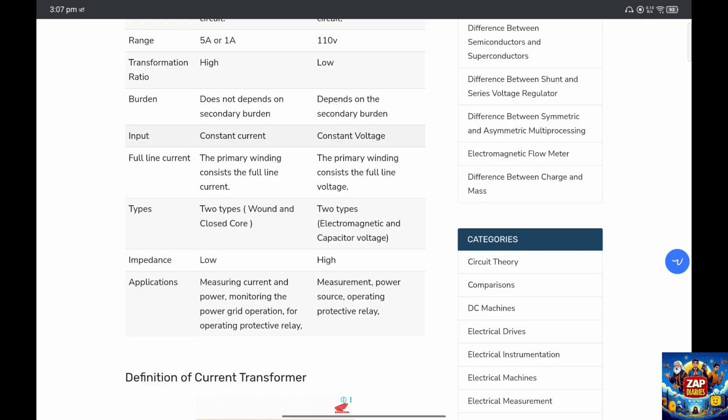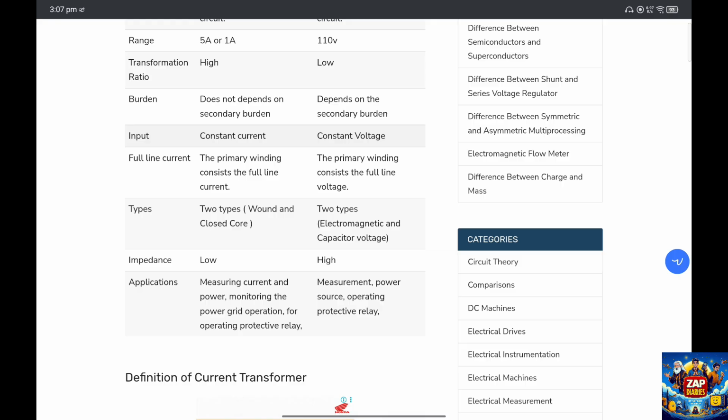But, as I have mentioned earlier, there are three types of CT: the wound type, closed core type, and the toroidal type. In electronic circuits, you will see the toroidal types.